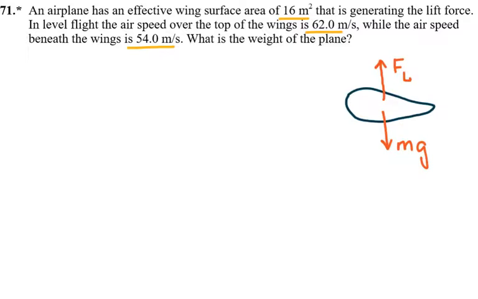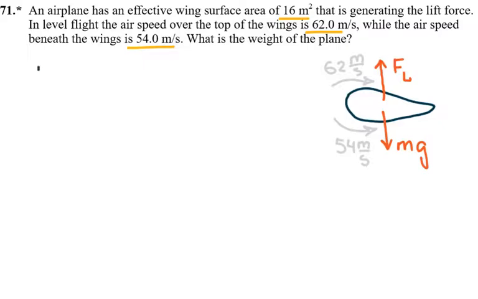And I have the velocity on the top of the wing is 62 meters per second, and the velocity at the bottom of the wing is 54 meters per second. So I can calculate the force of the lift, which is the same as the force of the airplane, by using Bernoulli's equation.